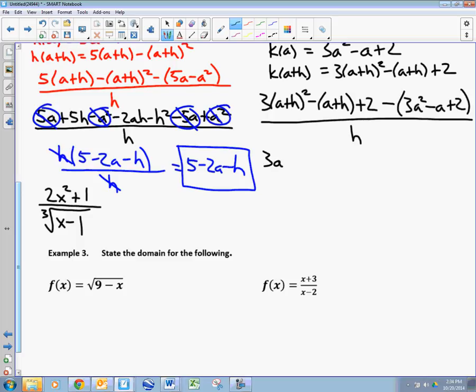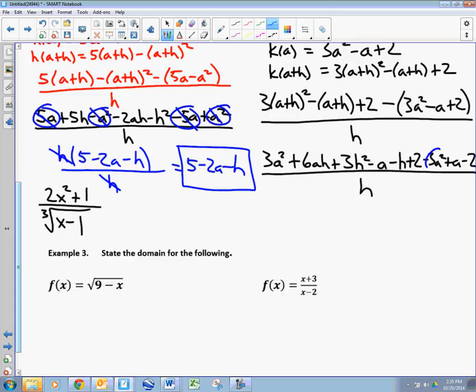Multiplies out. 3a squared plus, what's going to be in the middle? 6ah plus 3h squared minus a minus h plus 2 minus 3a squared plus a minus 2, all over h. Oh boy. What cancels? Negative 3a squared, positive 3a squared. What else? Positive a, negative a. Dos, Spanish for 2.